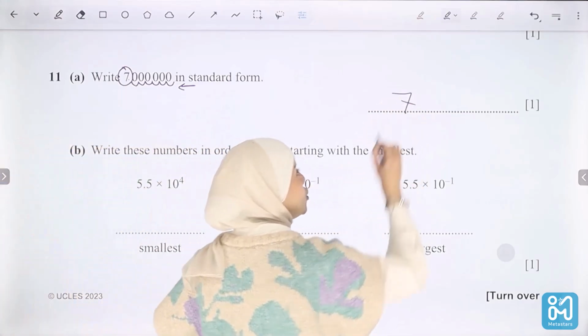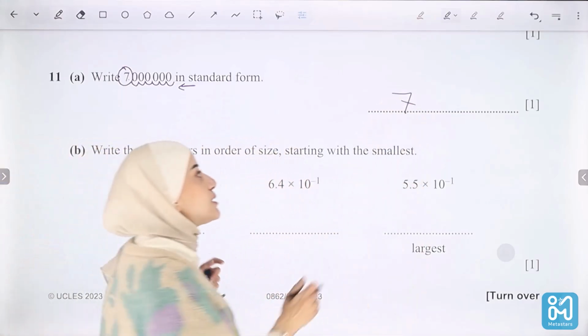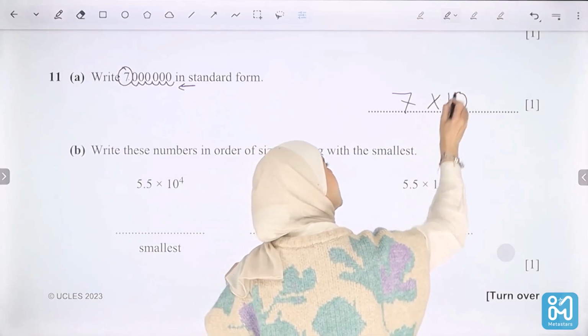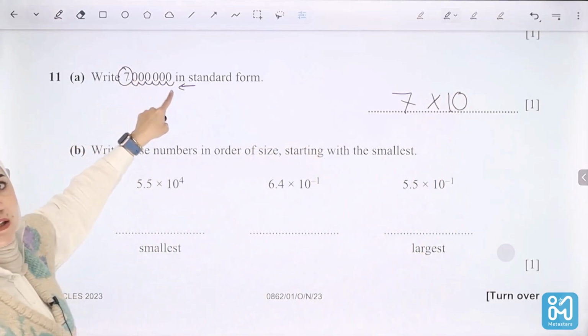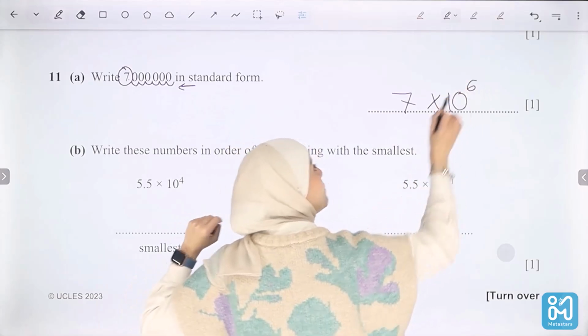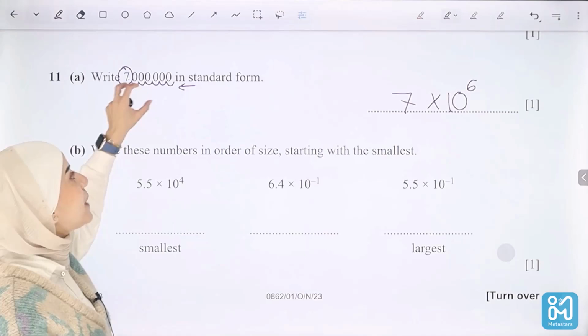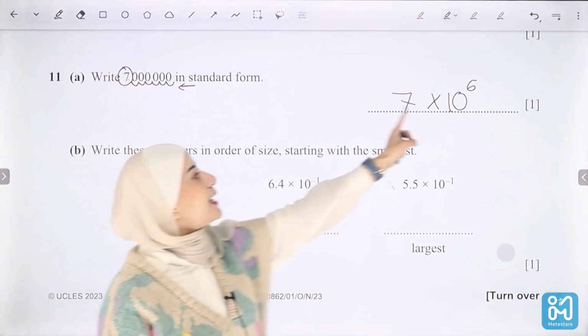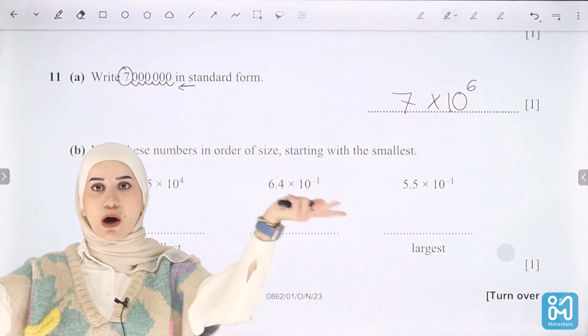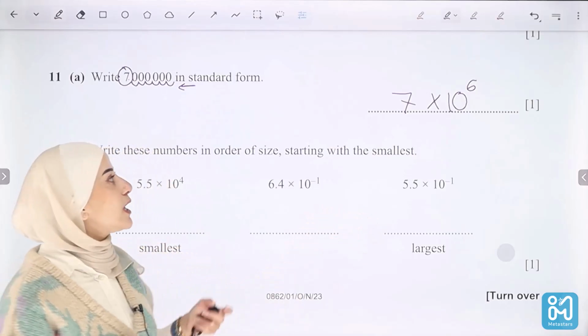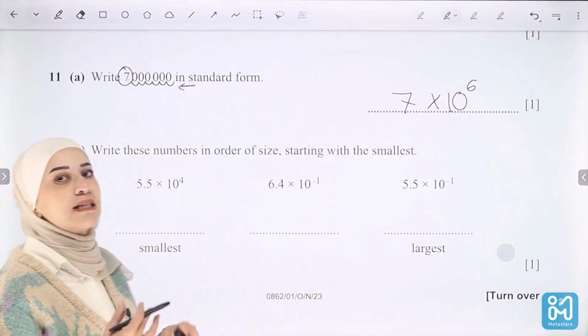But I don't want to lose its value. So I'm going to multiply it by a power of 10, positive or negative? Definitely a positive index, which is 6, because we moved back 6 places. So to maintain its value, the index should be positive, because it's a whole number. It's a big whole number. And I only want to rewrite it in standard form.